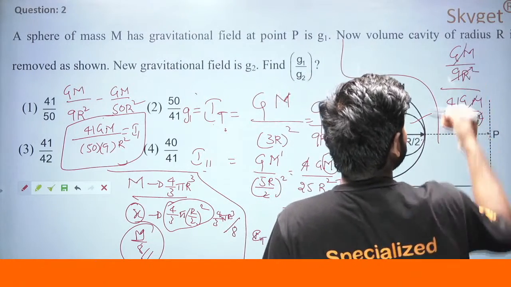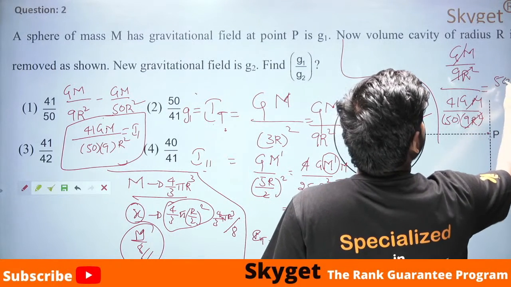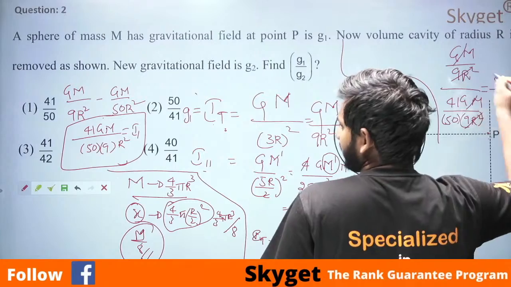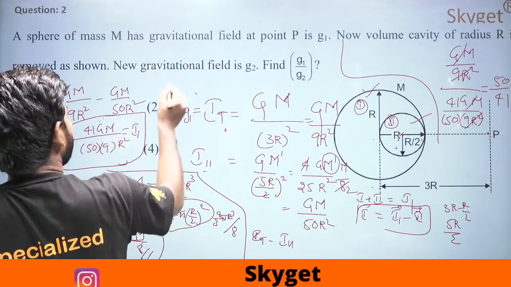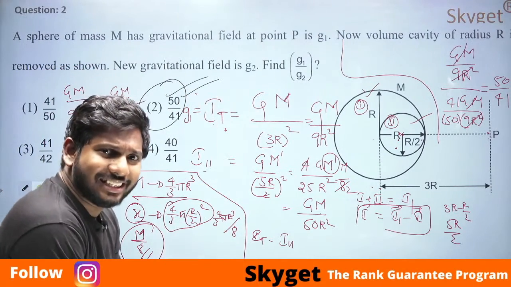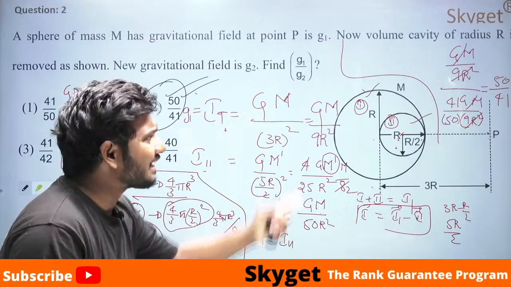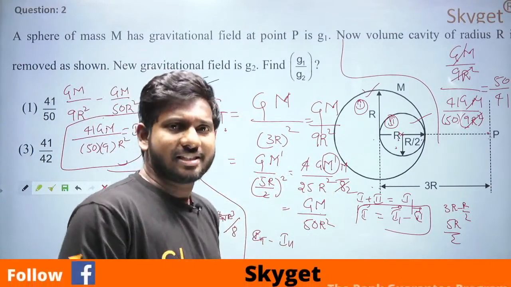G m gets cancelled, students. So then this 50 goes to the numerator, that will be 50 by 41 will be the answer, students. So the option here should be 50 by 41. This might look a little bit lengthy, students, but while you practice this similar kind of question, this becomes a cakewalk to solve.